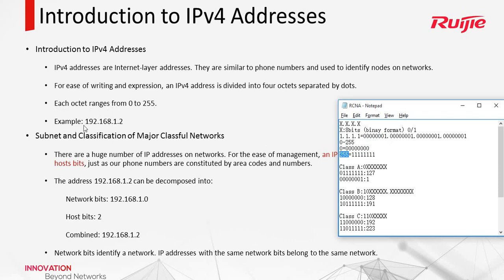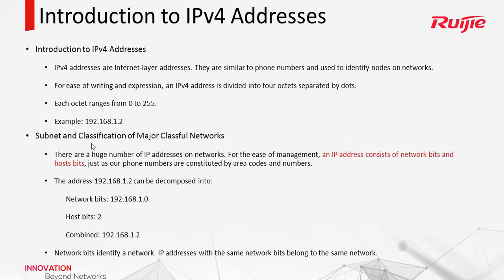And this is an example, 192.168.1.2. For this IP address, we can know that it consists of network bits and host bits. For example, the network bits for this IP address we can write as 192.168.1.0.